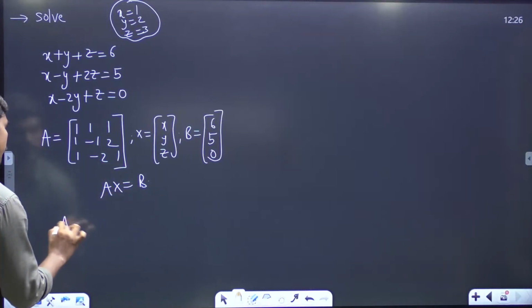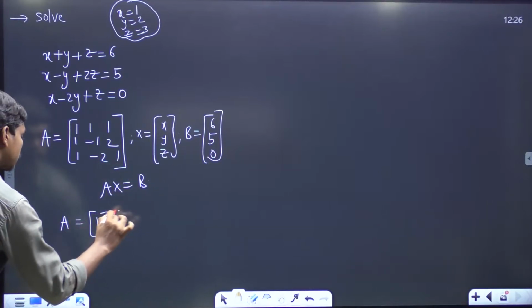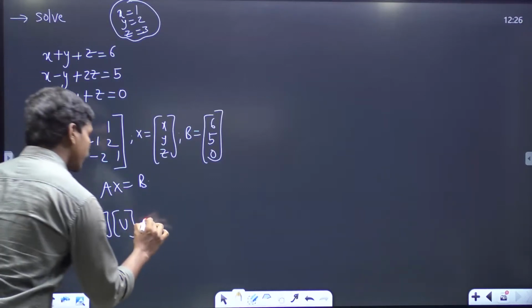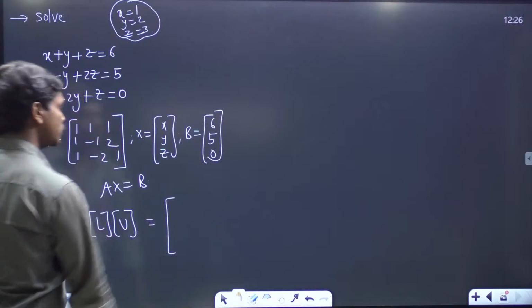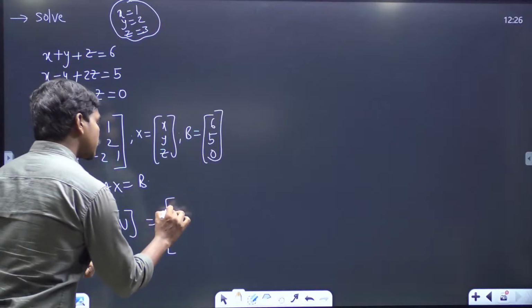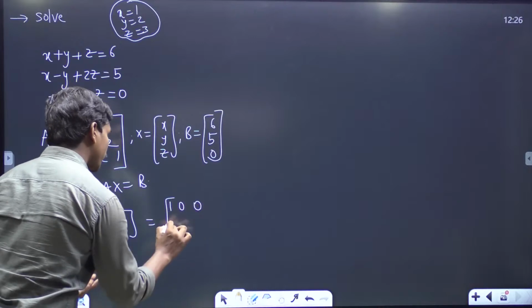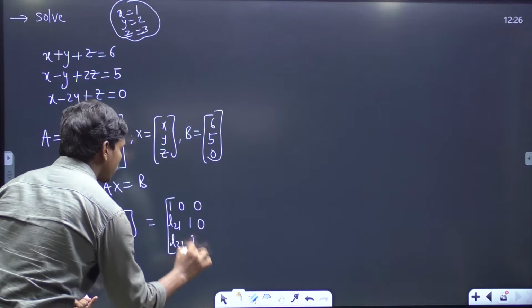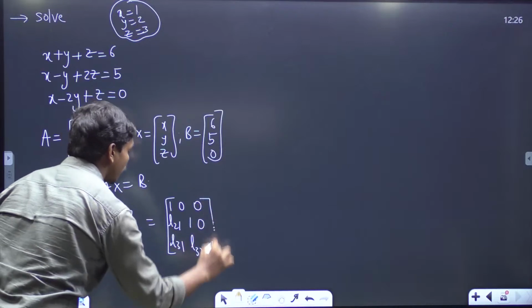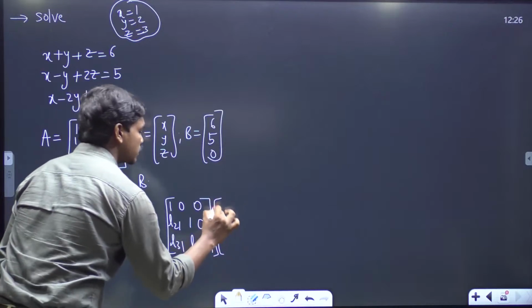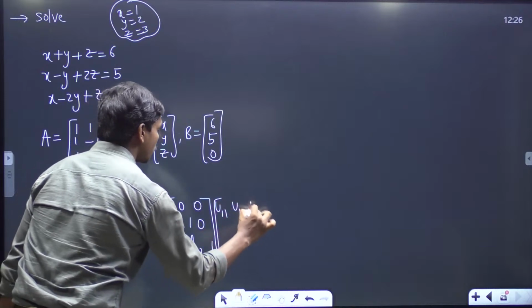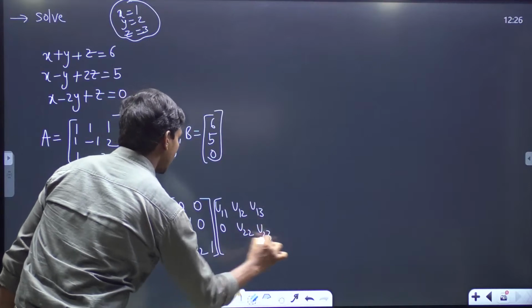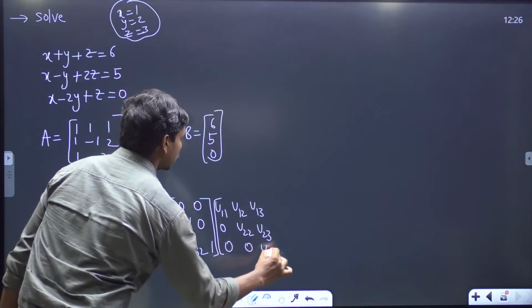Now this A can be written, in the LU decomposition method, as a product of a lower triangular matrix into an upper triangular matrix, correct? And if you are following this Doolittle algorithm, we have this lower triangular matrix as 1 0 0, L21 1 0, L31 L32 1, and this upper triangular matrix as U11 U12 U13, 0 U22 U23, and 0 0 U33.